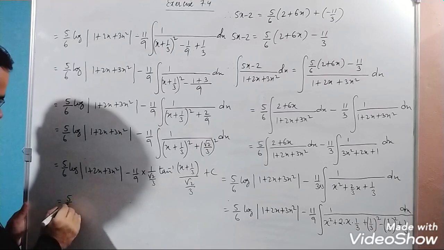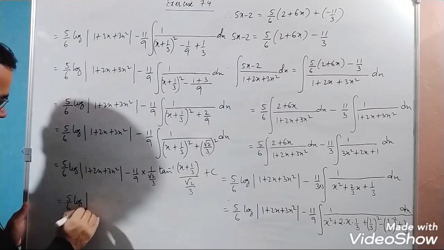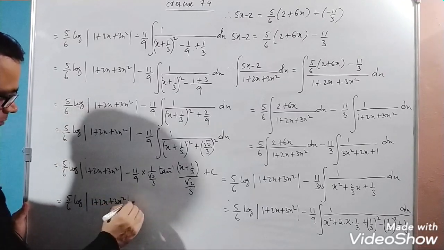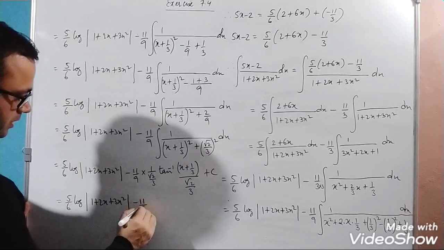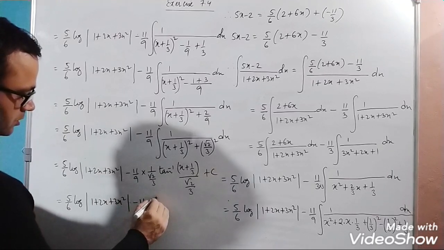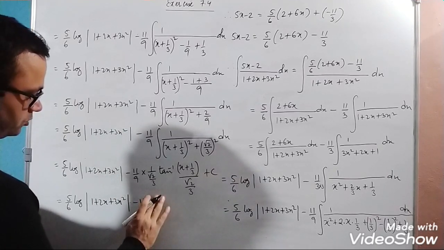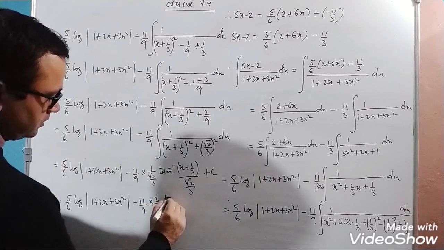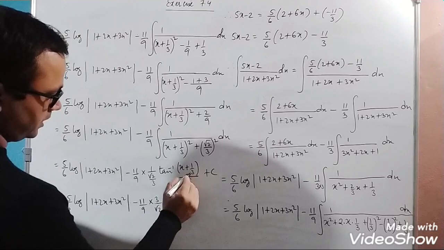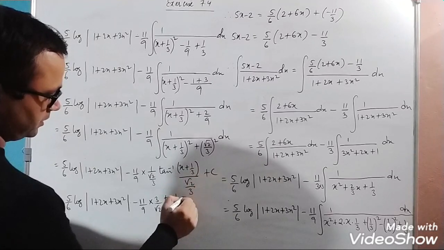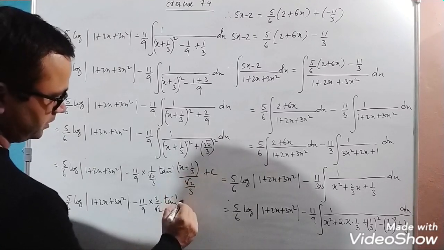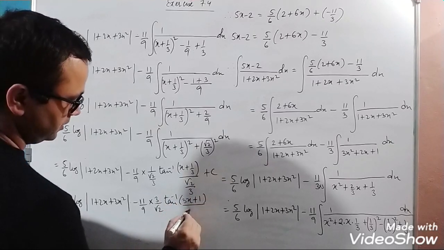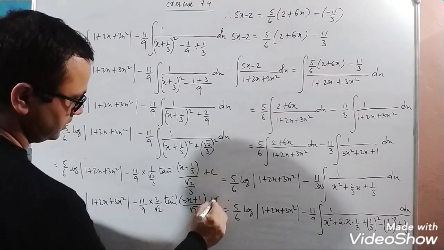This equals 5 by 6 log 1 plus 2x plus 3x square minus 11 by 9 into 2 by root 3, 3 by root 2, tan inverse. Now if you take LCM, these 3 and these 3 cancel, so in numerator there is 3x plus 1, in denominator there is root 2, plus c.